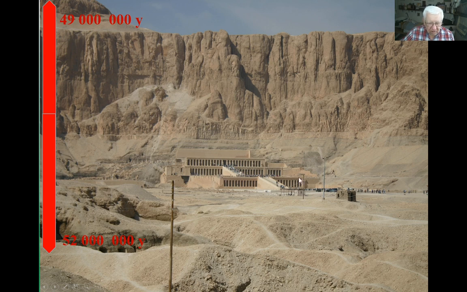Below the temple we have layers of limestones and many tombs from various periods, dynastic of course, and this sequence of limestone was used for preparation of tombs.